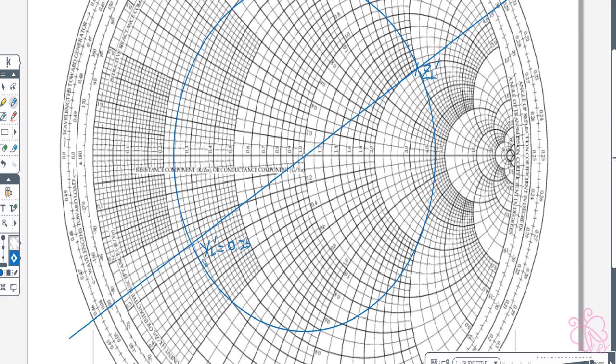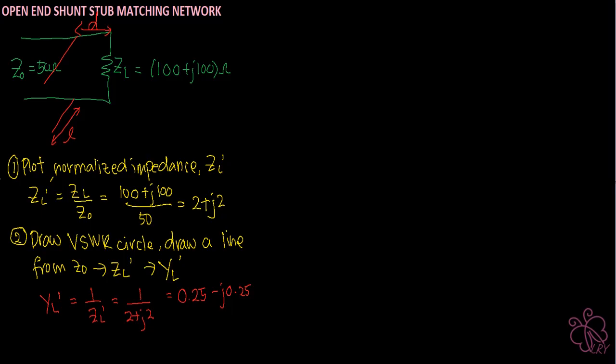Since it's in the lower half, it's minus j. Looking at our arc here, this one is 0.2 and this one is 0.3, so it's also at 0.25. Comparing with our calculation, you get 0.25 minus j0.25, so you are in the correct direction.